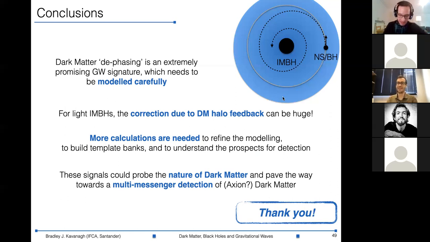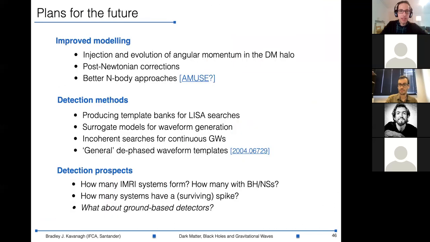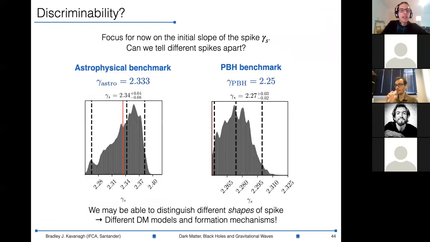So let me ask you one question. In your slide 44, you were showing the Astro versus PBH. Yeah, that one, and that to me is striking. My guess is that the errors that you're showing there for the gamma sub S are 68%, right? Yes, they're 68%. I think you can see from the posteriors, the actual curves, which are a little bit noisy, that it very quickly drops.